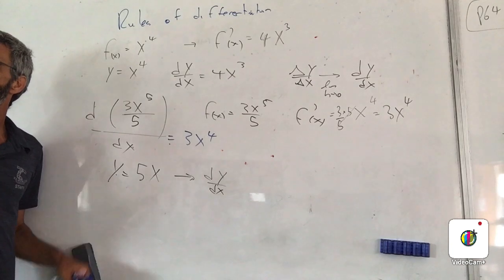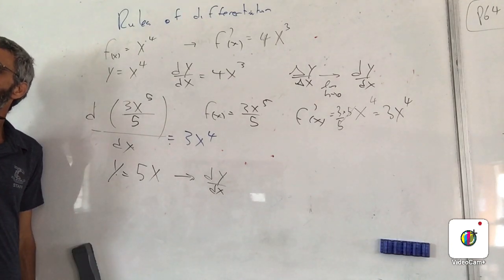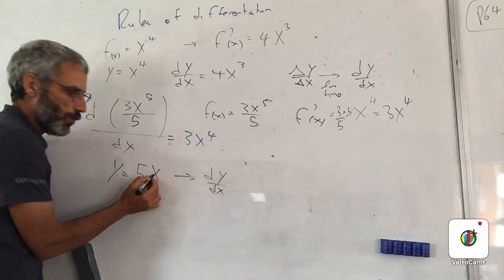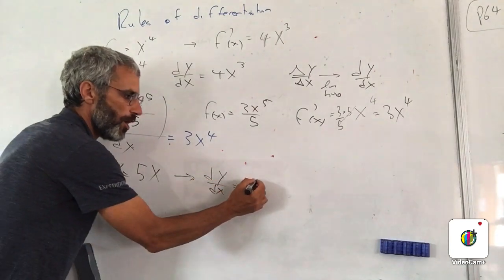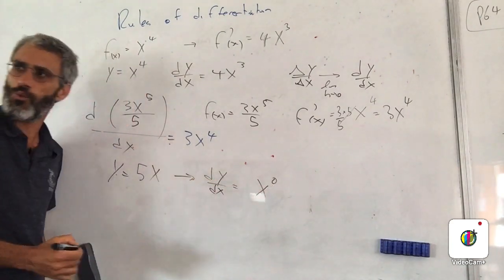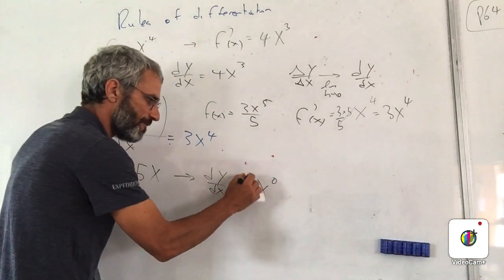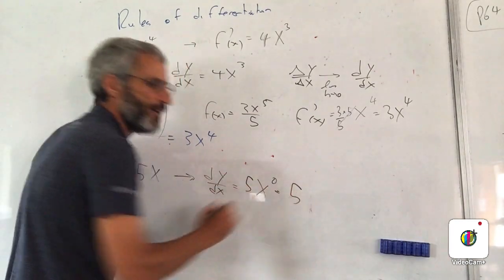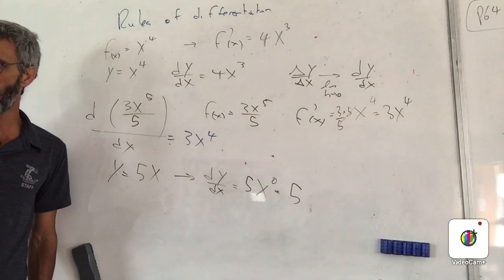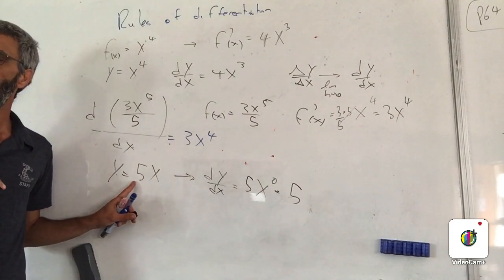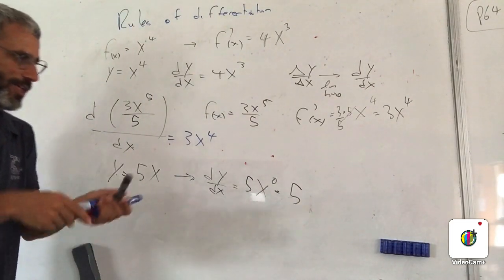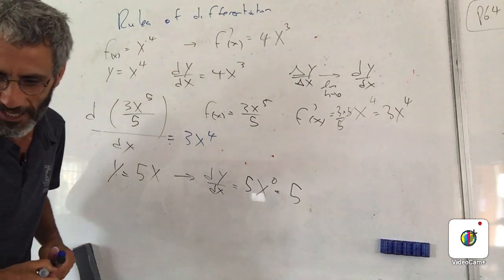X to the power of 0, which is 1, right? But you still have that 5. Don't forget that 5. So the answer is 5. Okay? We happy with that? Don't forget the coefficient.